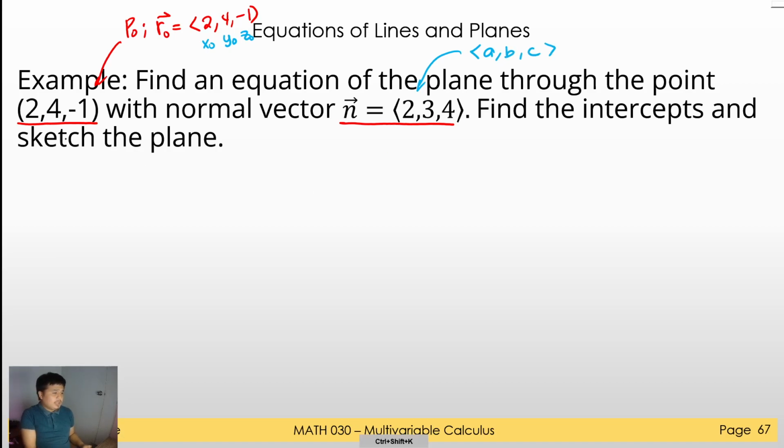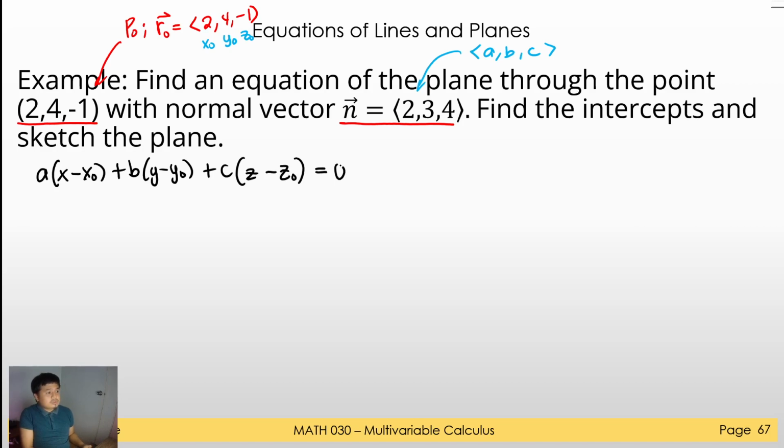So how do we find the equation of a plane? The easiest, most direct way is this equation: a times x minus x sub 0 plus b times y minus y sub 0 plus c times z minus z sub 0 is equal to 0.